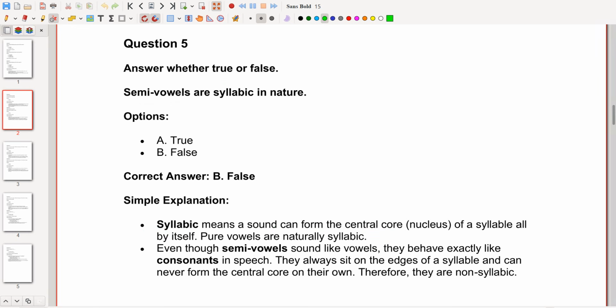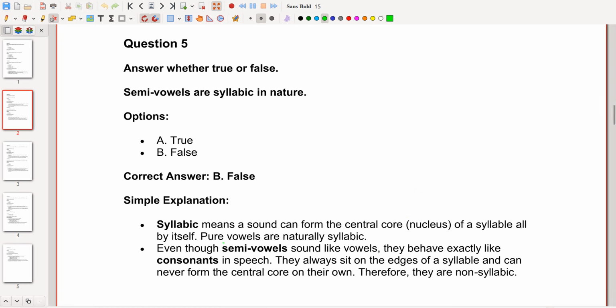If I'm having the word true, I'm going to have a central core in that word. It is called the nucleus, and the other parts of the word are called the syllables.